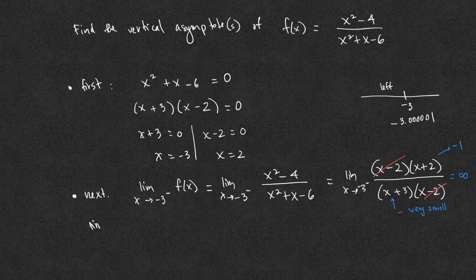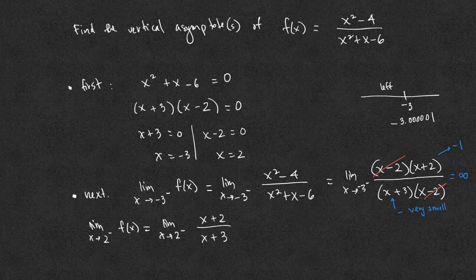We also need to check the other zero, x equals 2. This time, we also want to take a look at the left-hand side limit. And again, it doesn't matter whether we check the left or the right-hand side limit, as long as the limit is positive or negative infinity, then we would end up with a vertical asymptote. We already simplified the numerator and the denominator, so we would end up with this.